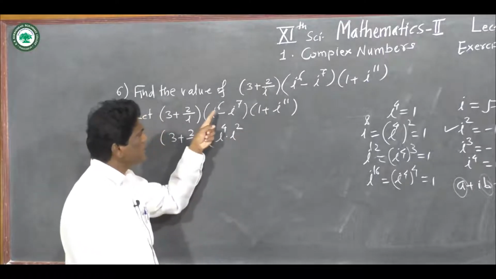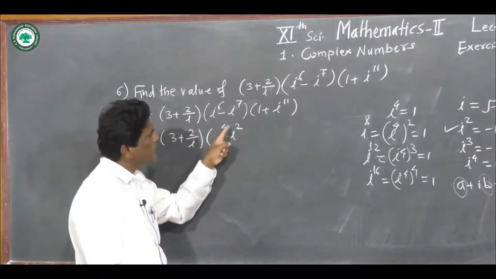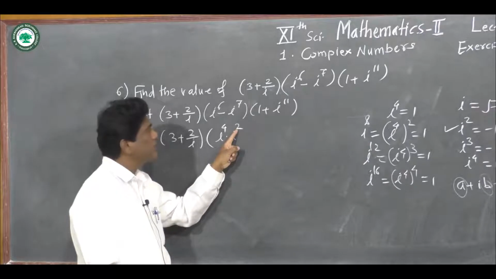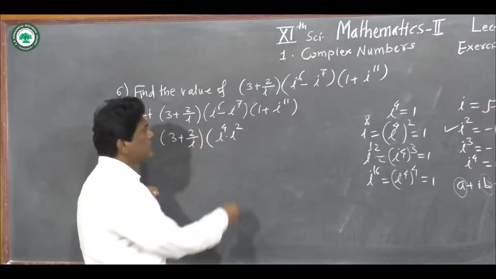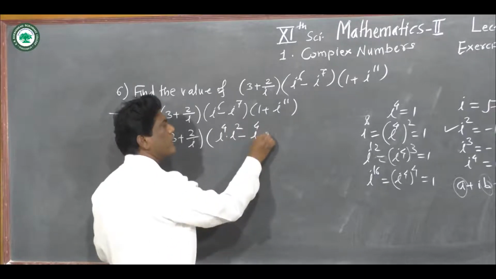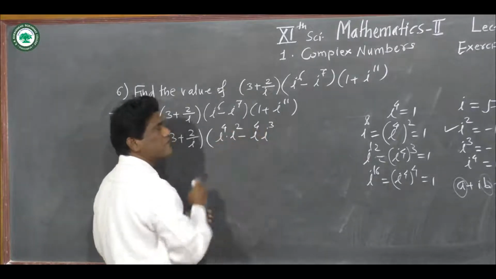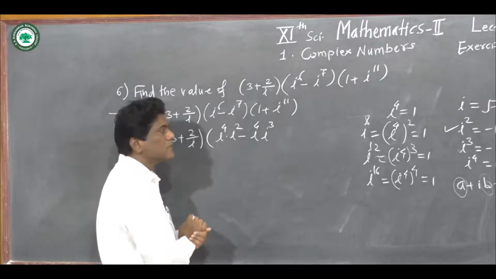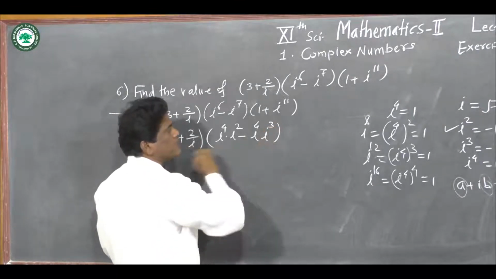So we write power 6 as i to the power 4 into i to the power 2, so that we get 4 plus 2, 6. Similarly, we write i to the power 7 as i to the power 4 into i to the power 3, 4 plus 3, 7. We complete this bracket.